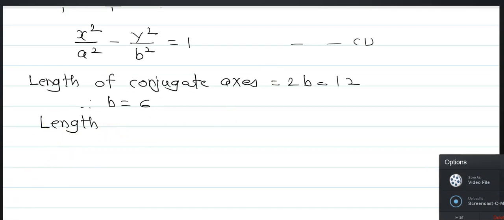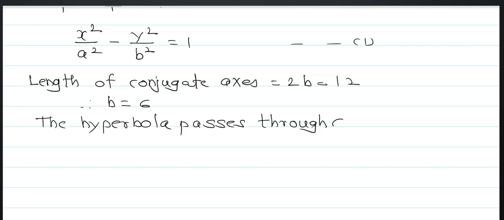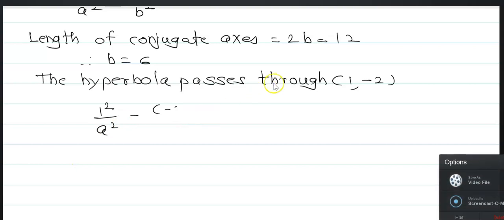And the hyperbola passes through the point 1, minus 2. Therefore, it satisfies the equation, that is x square upon a square, that is 1 square, minus 2 square upon b square, is equal to 1.